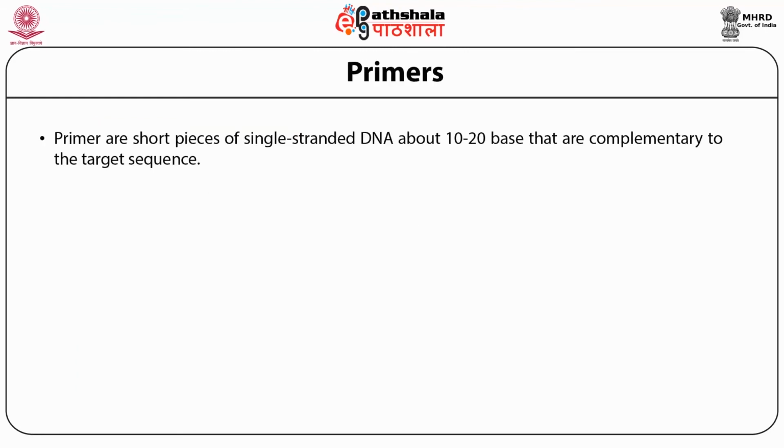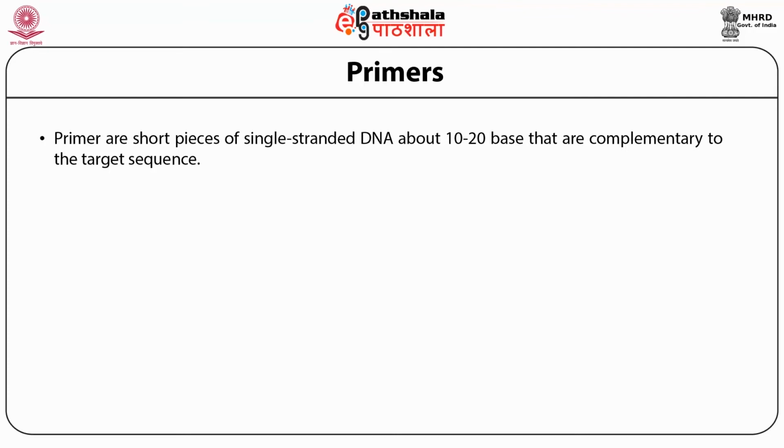Primers are very important for PCR. These are short pieces of single-stranded DNA of about 20 to 30 nucleotides that are complementary to the target sequence. DNA polymerase starts synthesizing the new strand from the end of the primer. Up to 3 micromolar of primer concentration is sufficient.